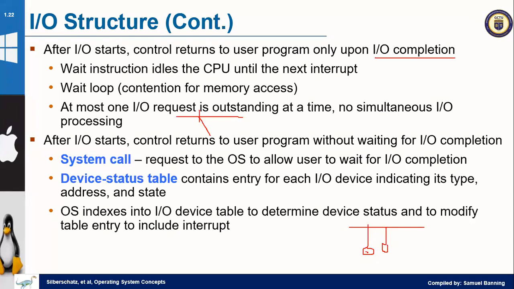If this one finishes, it will prompt the CPU that it has finished. It will come and do whatever it has to do and then continue. If this one finishes, it will also come and prompt the CPU, and the CPU will do whatever it does. So here the user program will continue without waiting for the completion of the IO.